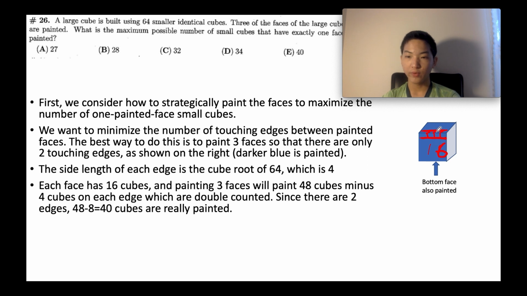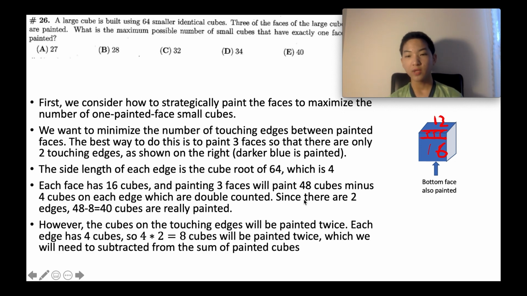But when we go back to this face, we're only painting 12 unique cubes, because these 4 cubes will have already been painted once. So we will paint 48 cubes minus 4 cubes on each edge, which are double counted. Since there are 2 touching edges, there are 48 minus 8, which is equal to 40 cubes painted.